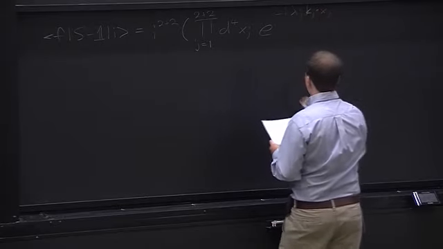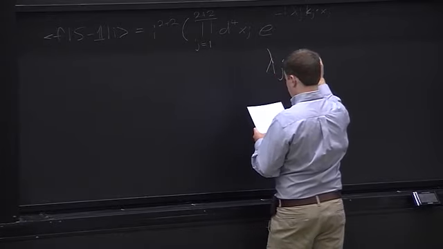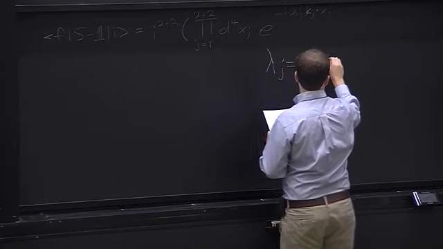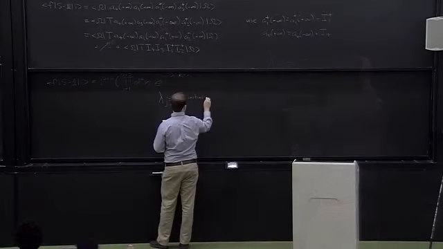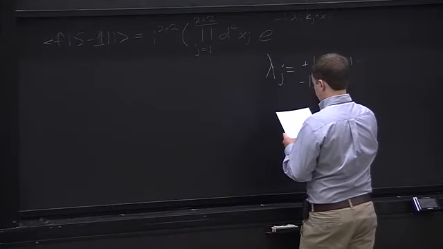So here, lambda j is +1 for initial particles, and -1 for final particles.